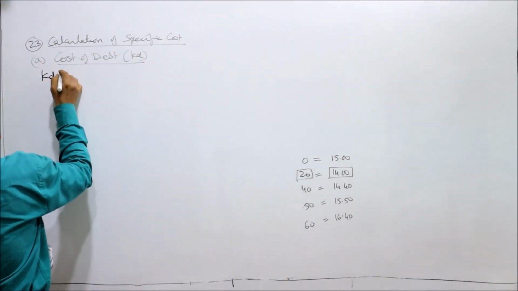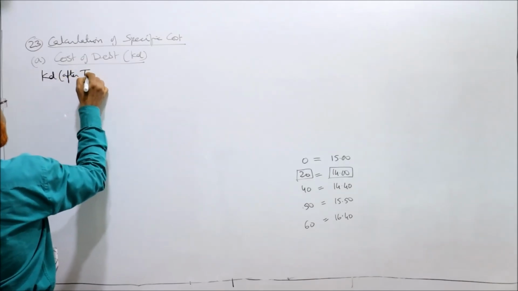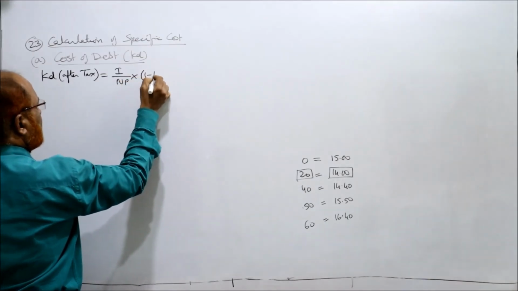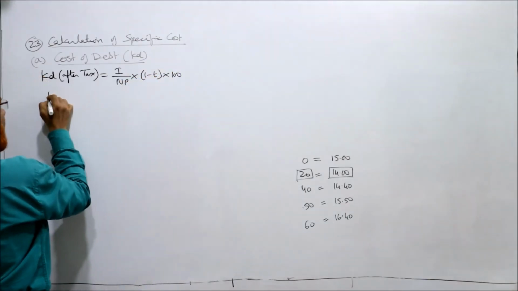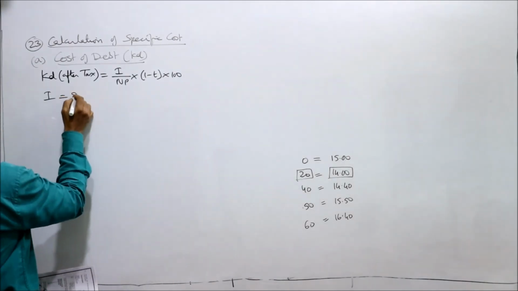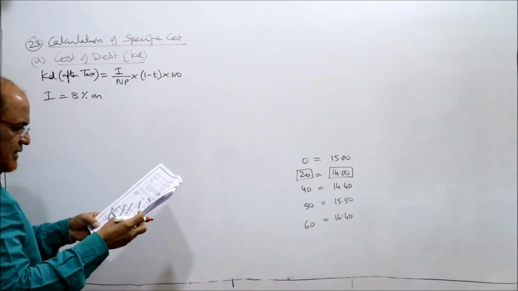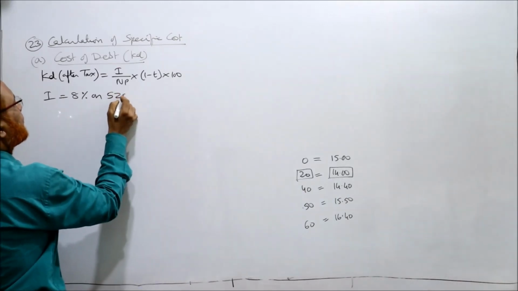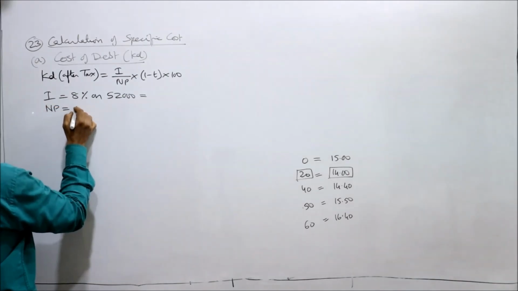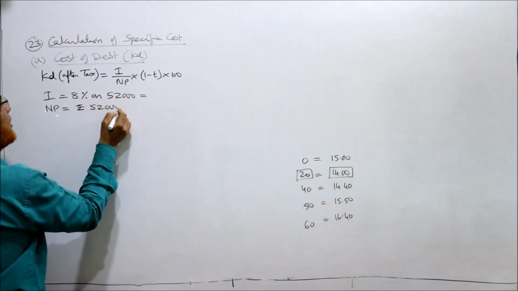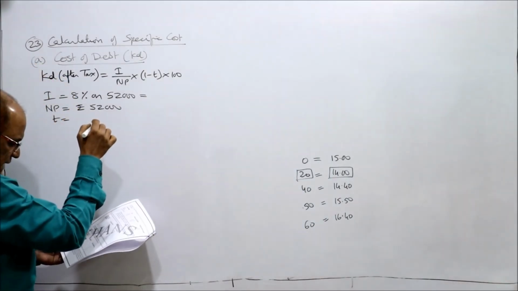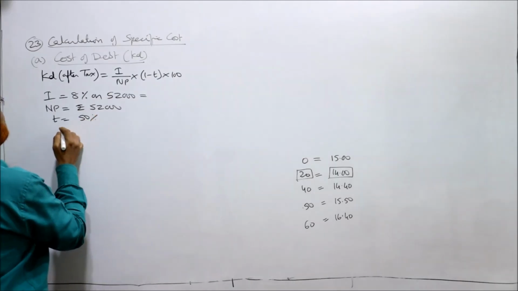KD after tax is equal to I by NP into 1 minus T into 100. I is equal to, what is the rate of interest given? 8% on debt. The debt is 52,000. Similarly NP, net proceeds on issue is rupees 52,000. No flotation cost, no discount, nothing. T is equal to tax rate. Tax rate is given as 50%.